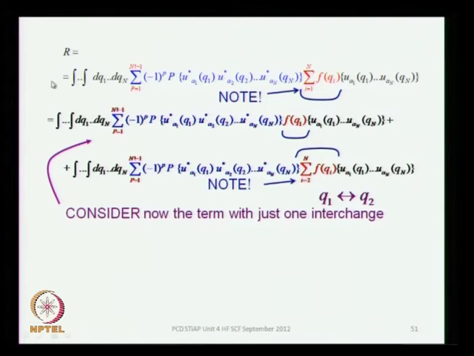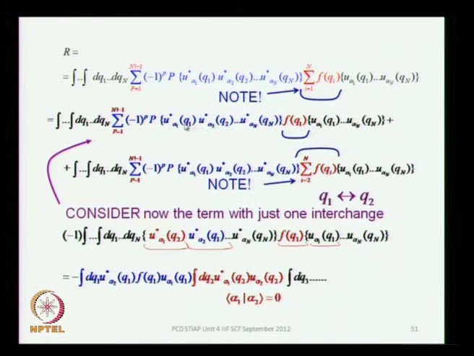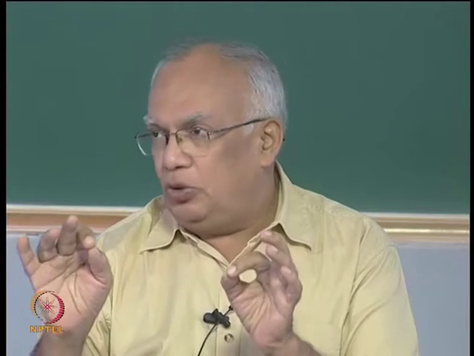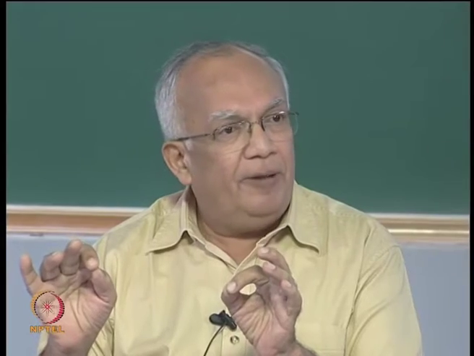So, let us consider the term corresponding to just one interchange, and let us do that for the first term. So, now one interchange will give you, instead of u alpha 1 star q1, it will give you u alpha 1 star q2. Okay? So, I consider the interchange between q1 and q2. Right?